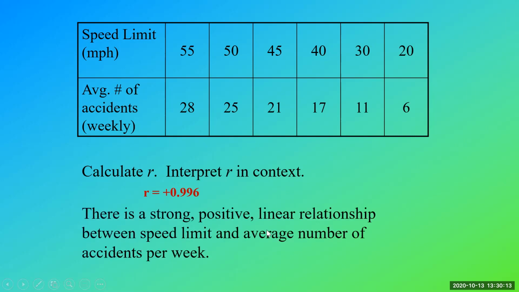So there is a strong, because it's greater than 0.8, positive, because it's positive, linear relationship between what two variables: speed limit and average number of accidents per week. If it says interpret, I need a sentence describing what these numbers represent.